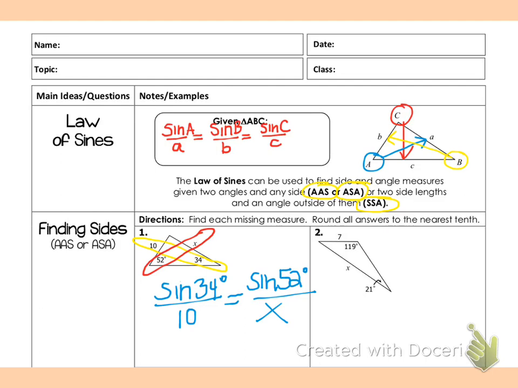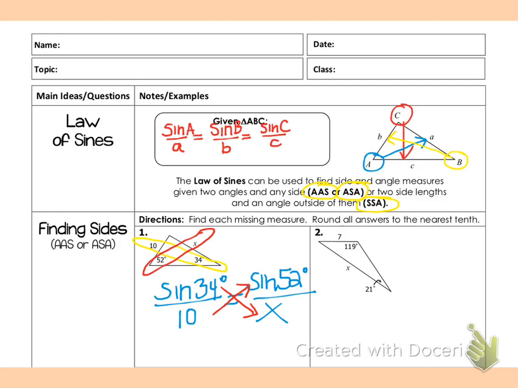Now, when we use the law of sines, we don't use all three ratios at once as stated in the actual law of sines up here, but we just take any two of those where we know three of the four things. And if we know three of the four things, we can then use the cross products like this. I could multiply these two things and multiply these two things, and I would get an equation I could solve.